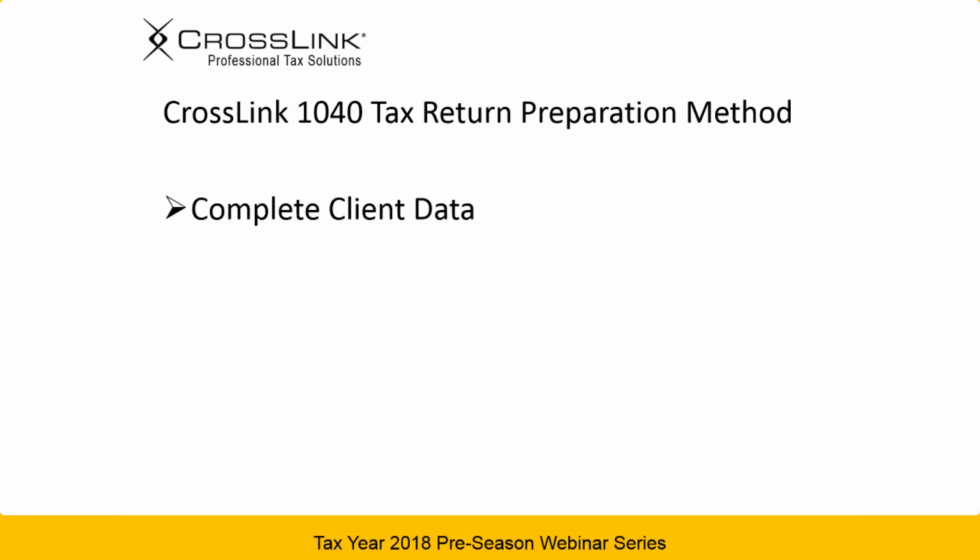So start out with their personal information on the client data worksheet, and then you can move into adding their sources of income: W-2s, 1099s, W-2Gs. Any of those make sense to add right after their personal information has been entered. That way we get some numbers to start to work with in the tax return.